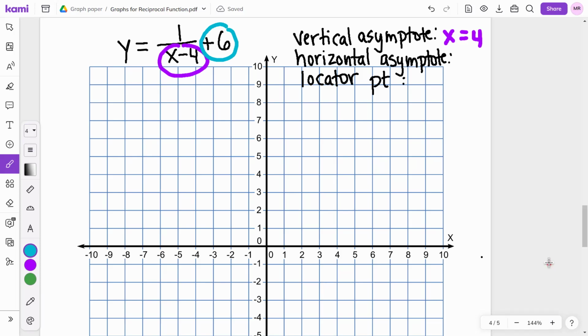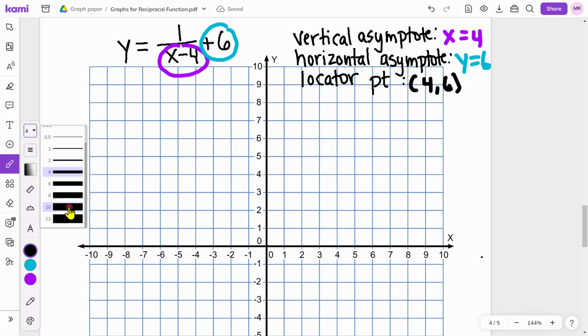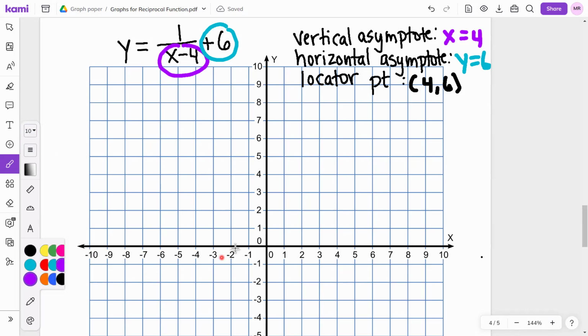So I'm sorry, I don't know why I'm writing plus 6. Y is equal to 6. And then our locator point is going to be 4, comma 6. And that's where these two asymptotes are going to intersect. So I'm going to go to 4, comma 6, that's where my locator point is.